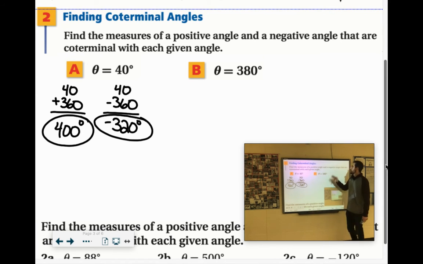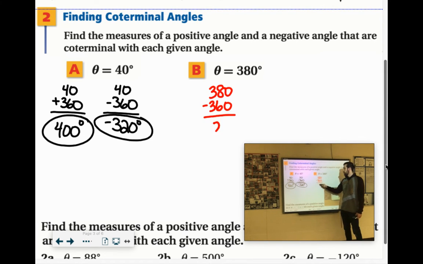So over here, positive 380, they want a positive angle and a negative angle. So if I did 380 minus 360, I'm still getting 20 degrees, which technically is a positive coterminal angle. Sure. Or you could do 380 plus 360 and get 740.